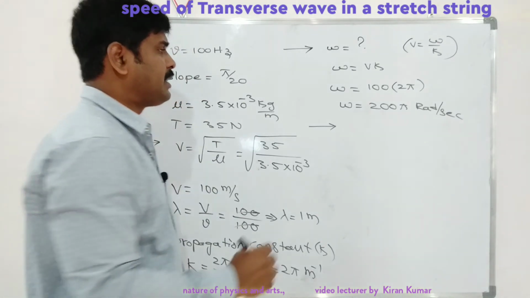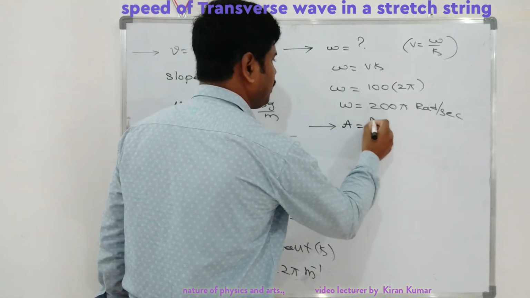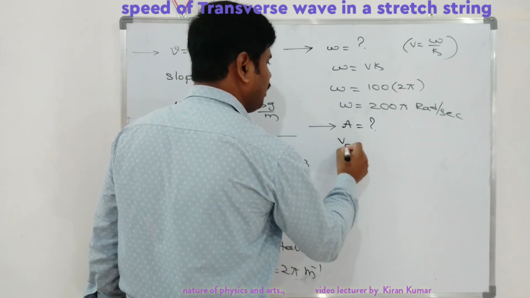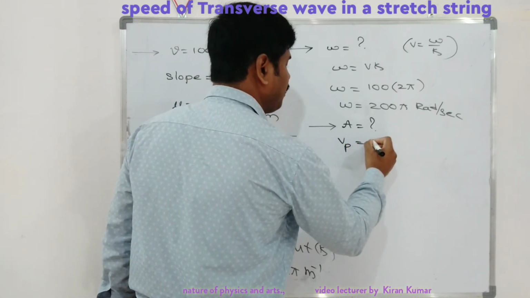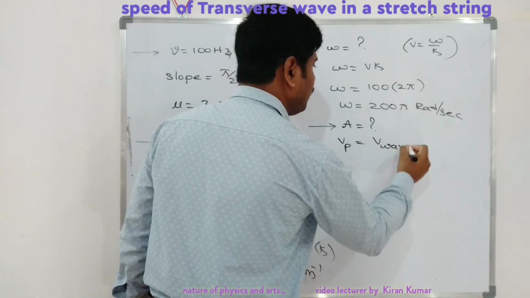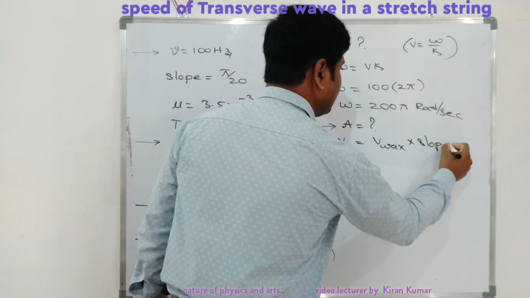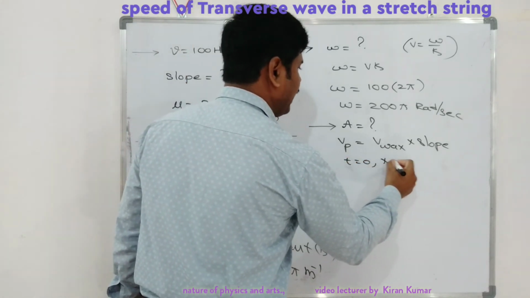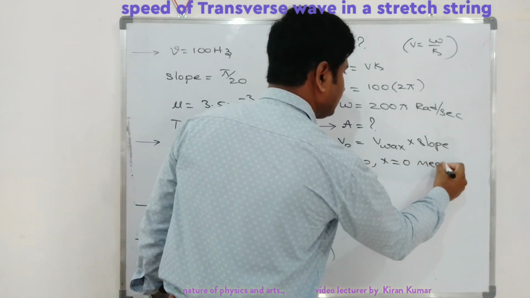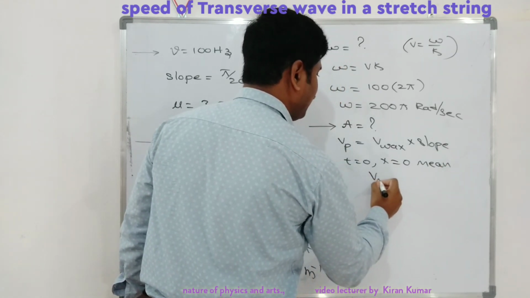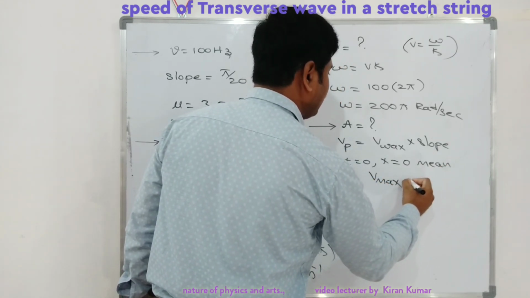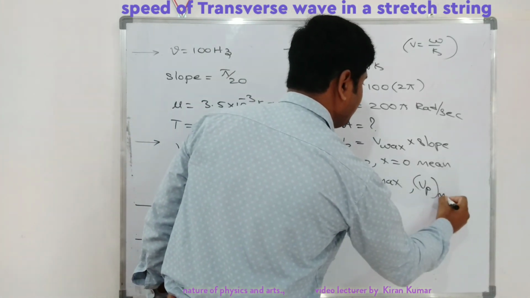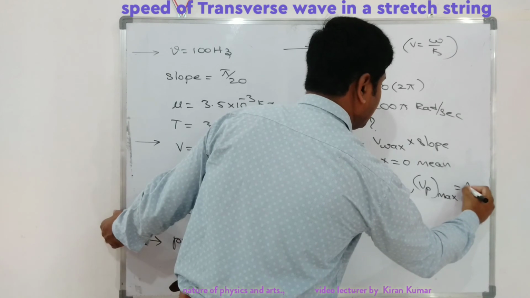And next one is amplitude. A is equal to question mark. For this we know the velocity of the particle is equal to the velocity of the wave into slope. The condition is given, t is equal to 0, x is equal to 0, that is the mean position at which velocity is maximum. That's why we can write vp maximum is equal to A omega.